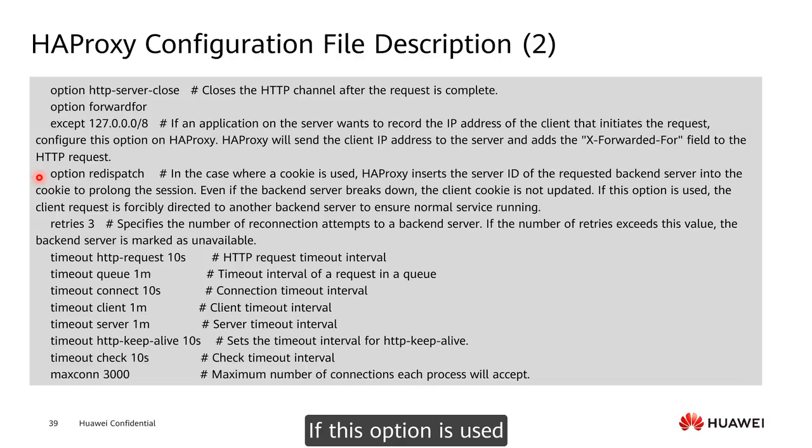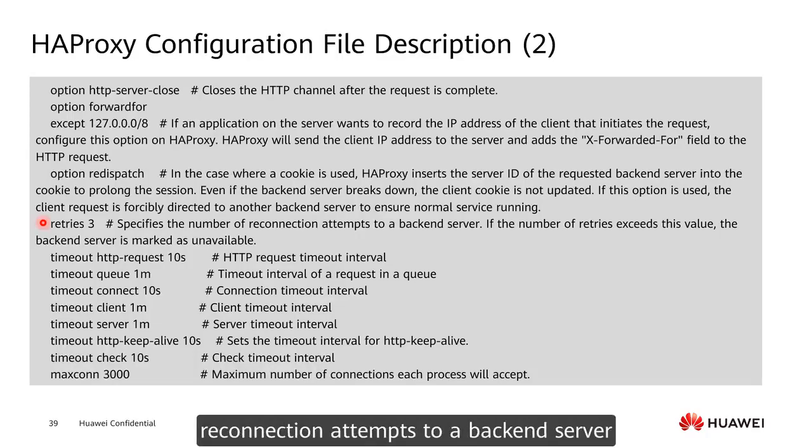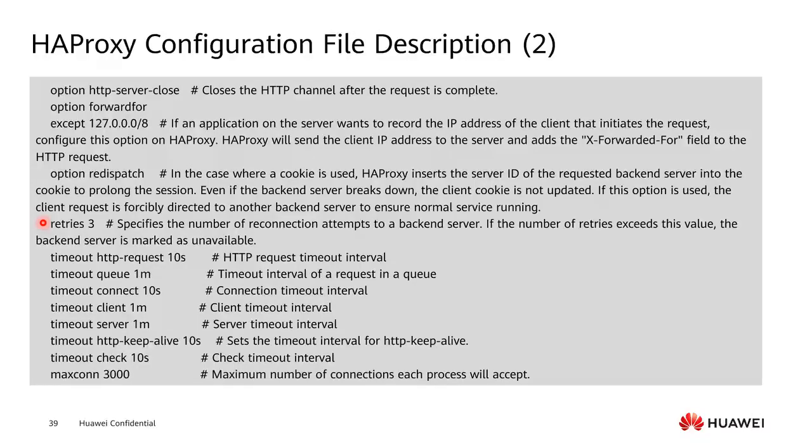If this option is used, the client request is forcibly directed to another backend server to ensure normal service running. Retries 3 is used to specify the number of reconnection attempts to a backend server. If the number of retries exceeds this value, the backend server is marked as unavailable.